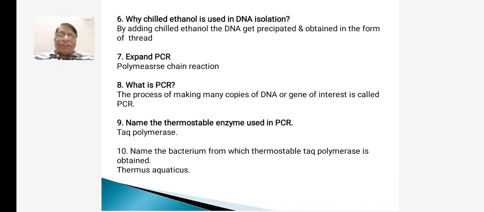The process or the method of making many copies of DNA or the gene of interest is called polymerase chain reaction. By polymerase chain reaction, we can produce billions of copies of DNA or the gene.